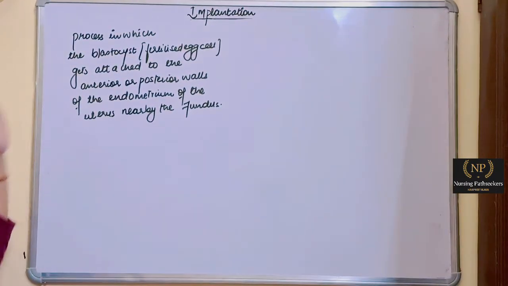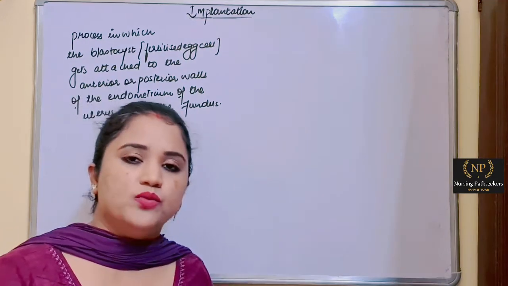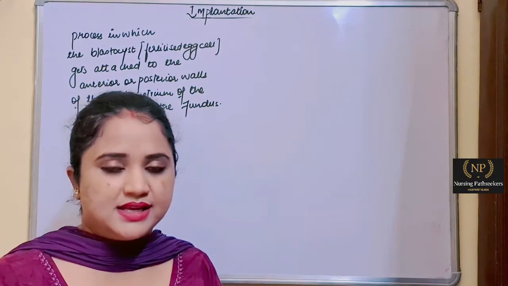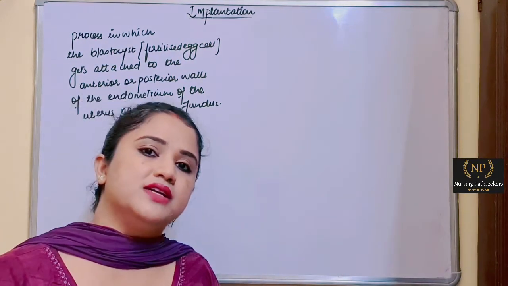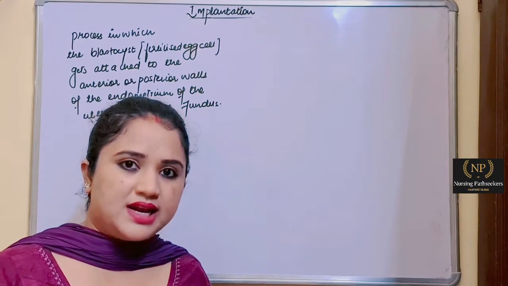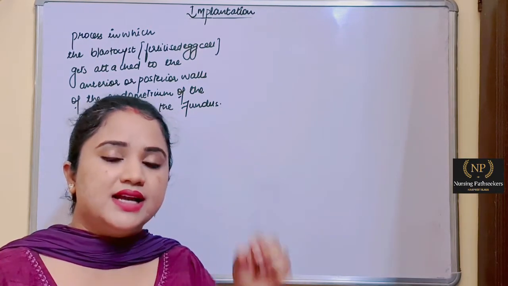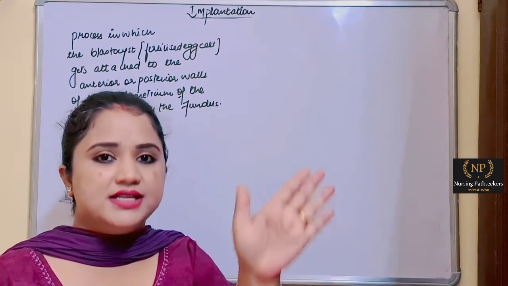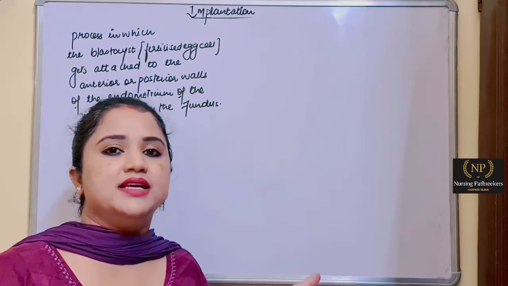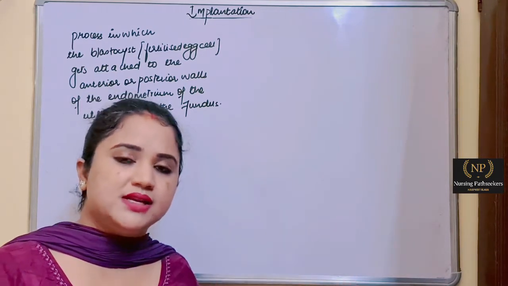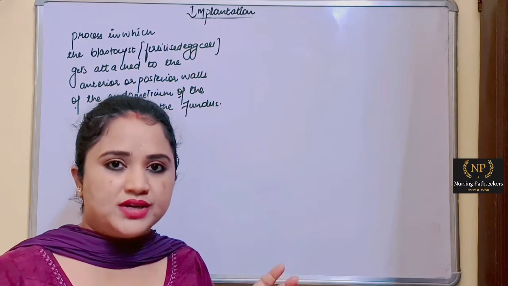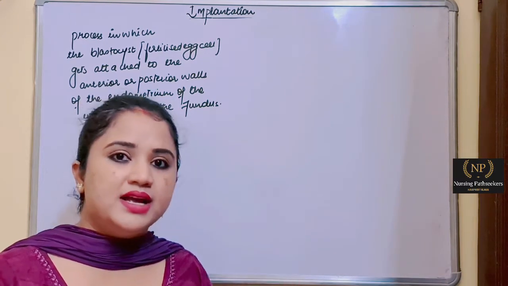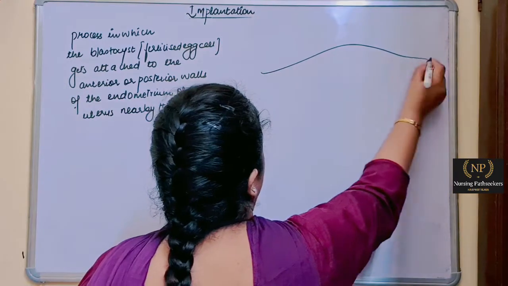Now what does the definition say? It's a process in which the fertilized egg cell or blastocyst, which we covered in our last video on fertilization, gets attached to the anterior or posterior wall of the uterus. Anterior means front and posterior means back. And nearby the fundus. Now what is the fundus?